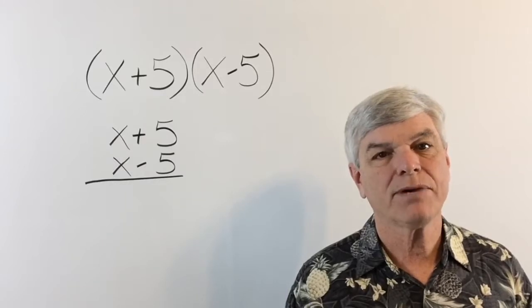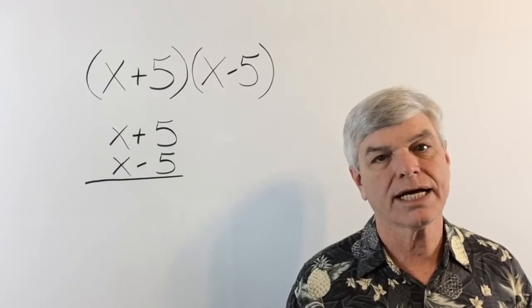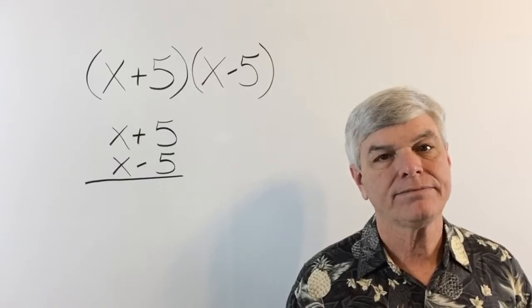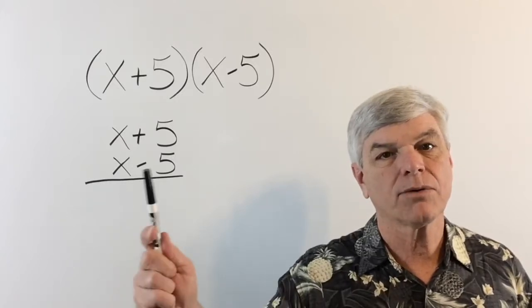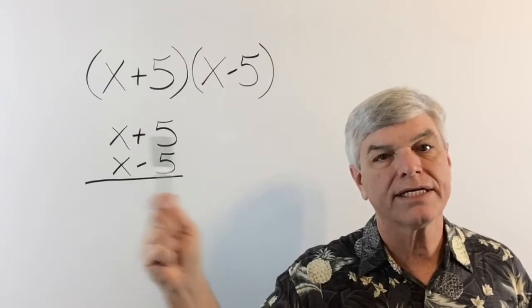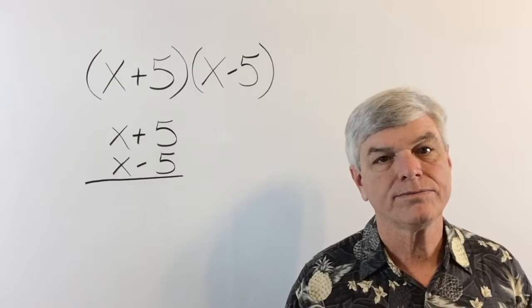Okay, we have the same two binomials as above, and we're going to multiply them out in rows like I like to do. And where do we start? We start at the bottom on the right-hand side. So we're going to start with negative 5, and let's multiply the entire first row.